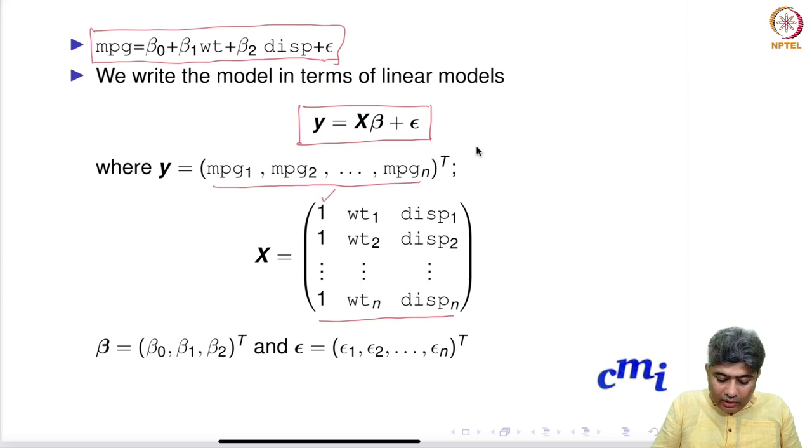Previously we had the intercept column and weight, and the third column in my design matrix is displacement. The regression coefficient now has a third parameter, beta 2. Previously I just had beta naught and beta 1, now we have beta 2. The residual vector is as usual epsilon 1, epsilon 2, up to epsilon n.